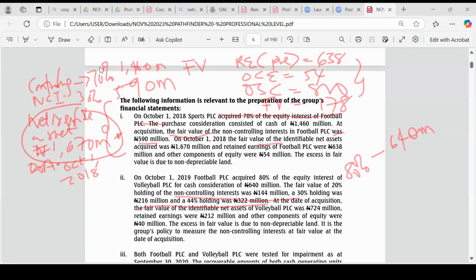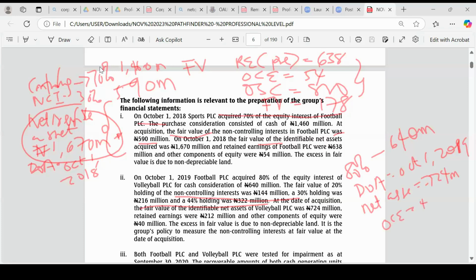At the date of acquisition, don't forget, the date of acquisition here is October 1st, 2019. We're given the net identifiable net assets, 724 million. And we're told retained earnings were 212, OCI 40.